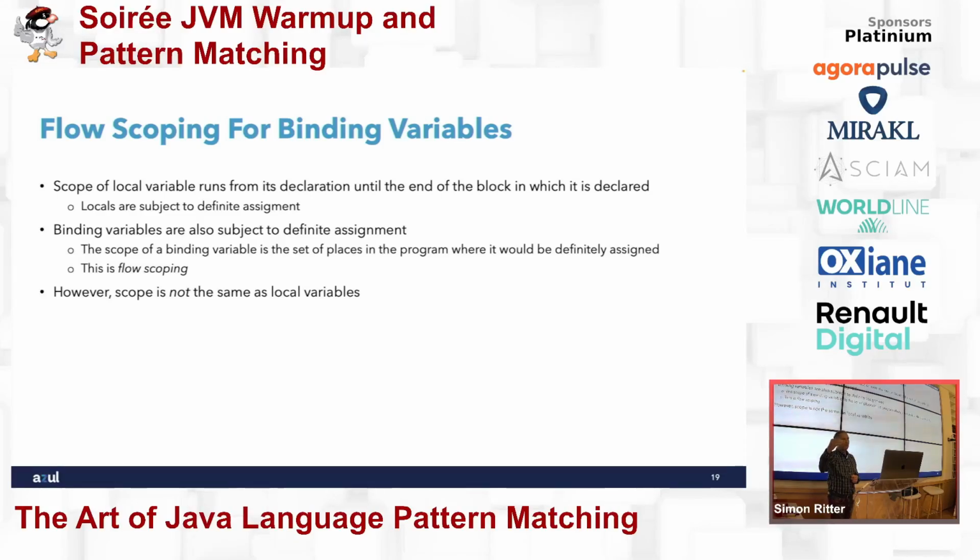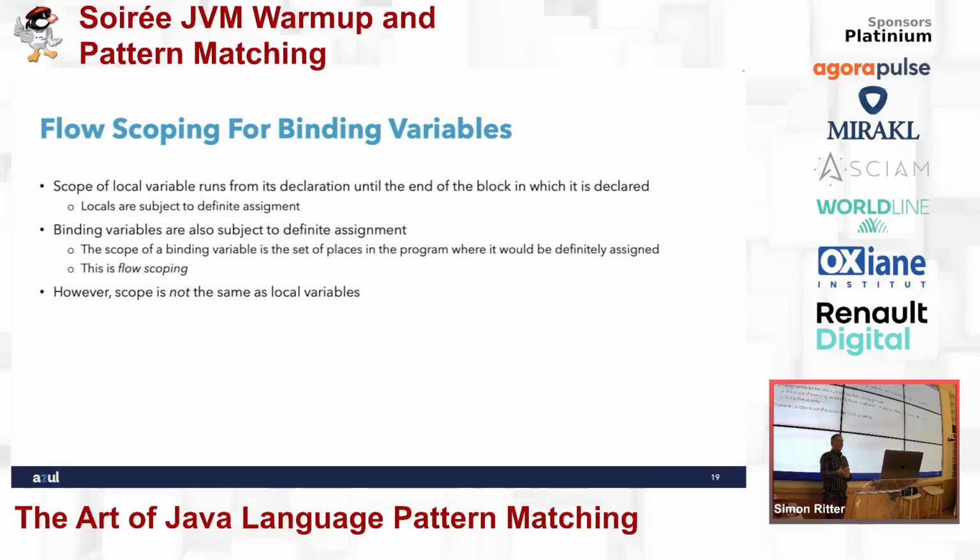And whether that's a for loop, a block of code, or a method, that's the scope that it gets. The other thing that's important for local variables is that they are subject to definite assignment. You have to give a local variable a value, otherwise the compiler will complain and it won't compile your code.